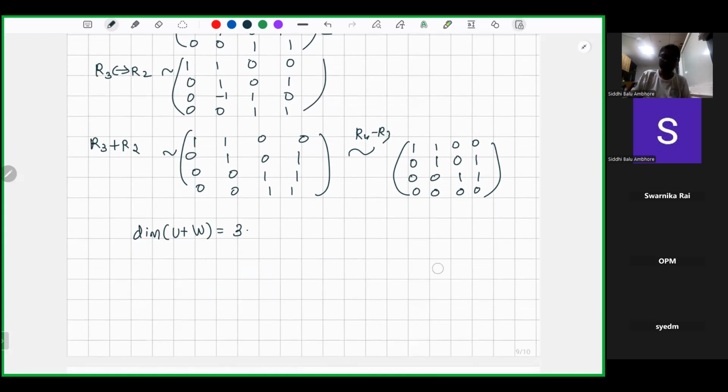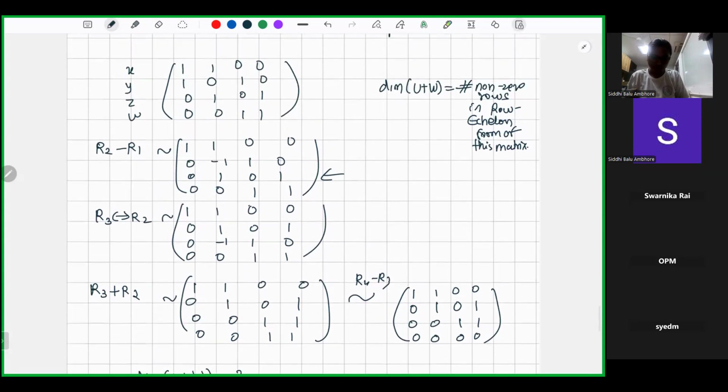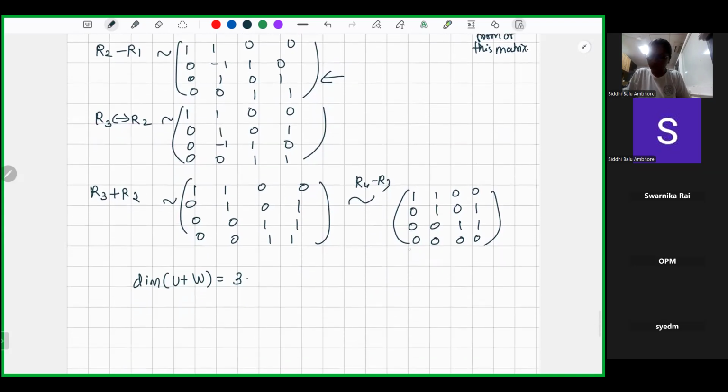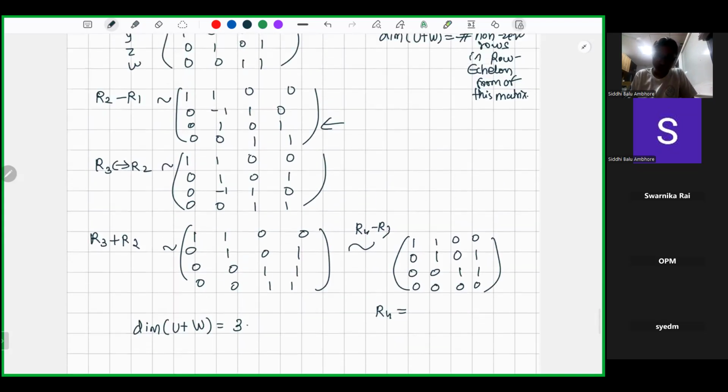So we can write this, that R4 is equal to what is happening in R3 plus R2. R4 was R4 minus R3. So 0 is equal to R4 minus R3.